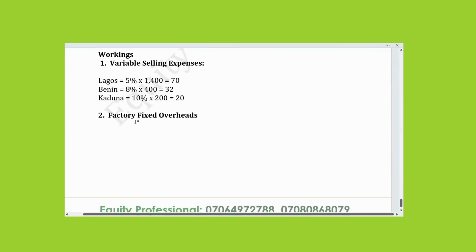So I will then come here, apportionments or distribution. You can call it apportionment or distribution. What do you want to apportion? You want to apportion fixed overhead of 400,000.